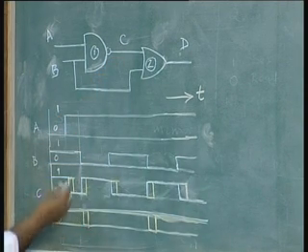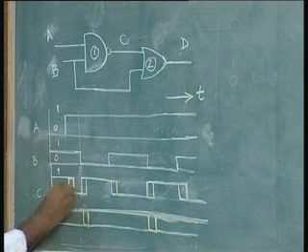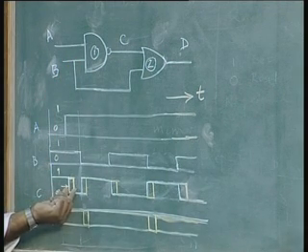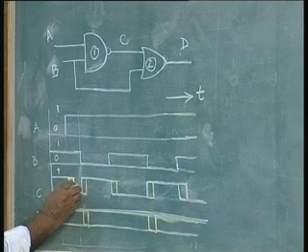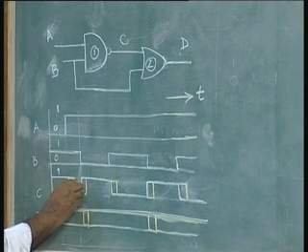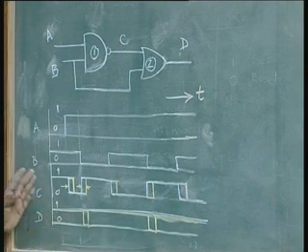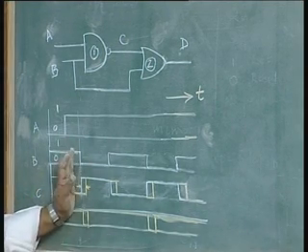That change will not immediately reflect at the C output, it will reflect after a short time. That is why we use this colored chalk here, yellow. The short duration is because of the propagation delay of the gate C. Likewise, when it goes back from 0 to 1, this same propagation delay will act. So, the propagation delay of C gate will shift the output C from the original point here and here to this point and this point.